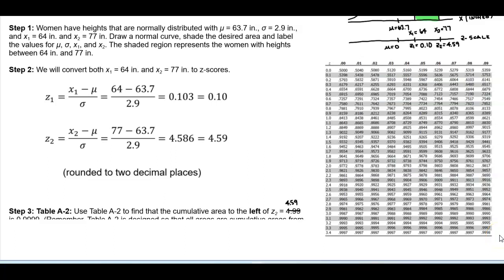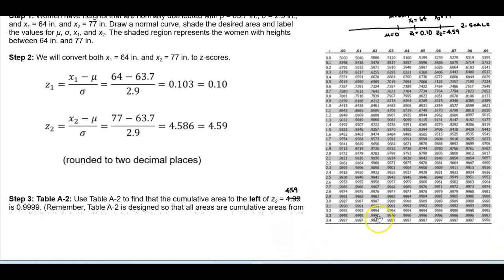If you take a look down here, 4.59 is not in our z-scores. If it's not on our table, we assume it's the highest number associated with it, close to 1. So we're going to say that 4.59 is 0.9999. Remember that table A2 is designed so that all areas are cumulative areas from the left.